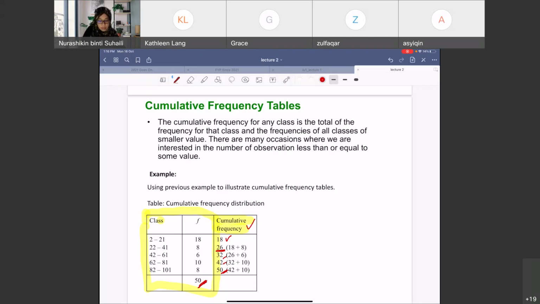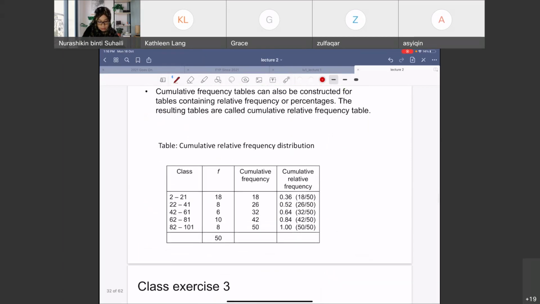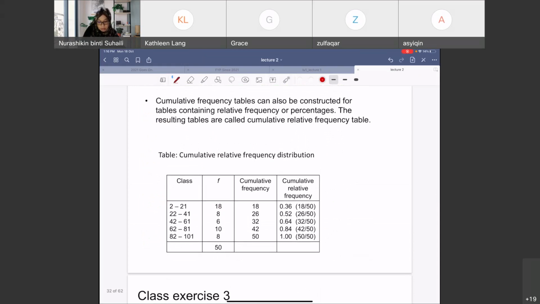So we have this additional column. Then when we talk about cumulative relative frequency, you just divide by the total frequency. For example, 18 divided by 50, 26 divided by 50.